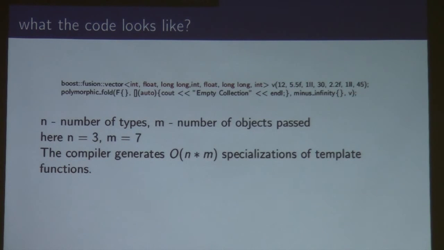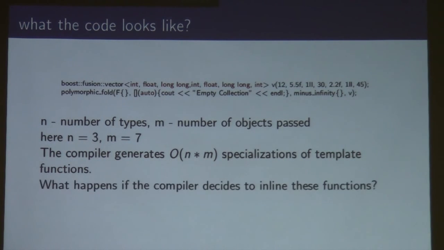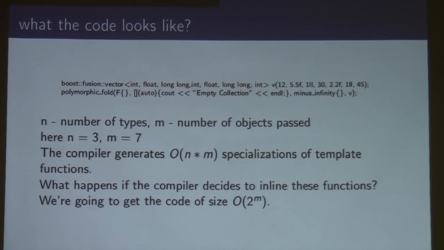Another interesting question is, what happens if the compiler decides to inline all of these functions? How big a code is it going to produce? This is scary, because it's going to produce code which is exponential in the size of the code.